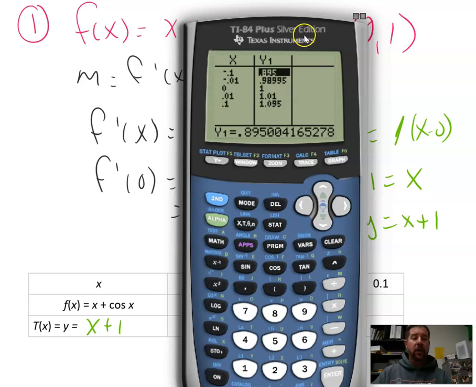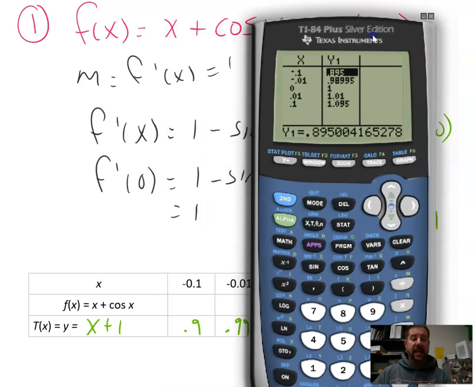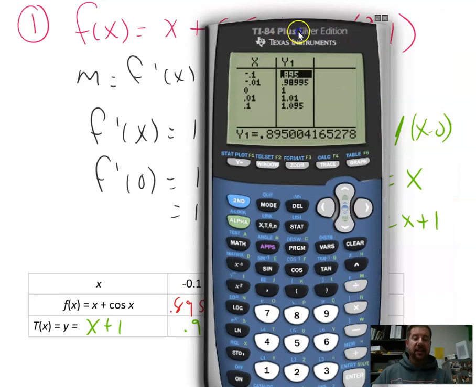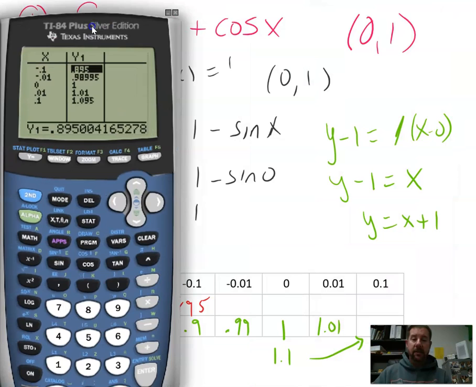And now if we go look at our results here, I see that when I plug in negative 0.1, I get 0.895. And hey, that's pretty darn close to the 0.9 we got with our tangent line approximation. That's off by 5 thousandths. That's not too shabby for a tangent line approximation.